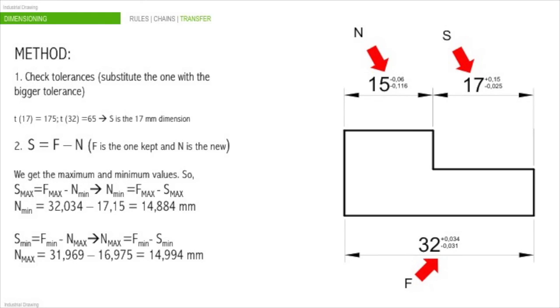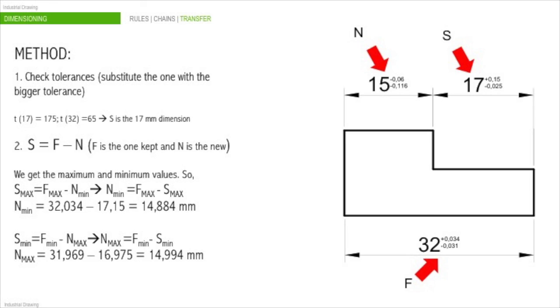Then we are going to follow this equation. Substitute dimension equals the one kept in our drawing minus the new dimension. Applying that equation, we get the maximum and the minimum values. So in this case, the maximum value of the S equals the maximum value of F minus the minimum value of the new one.